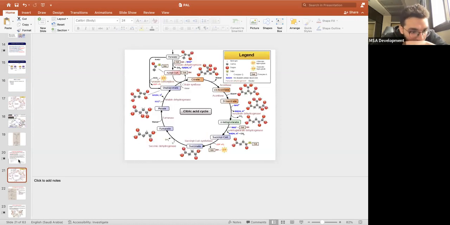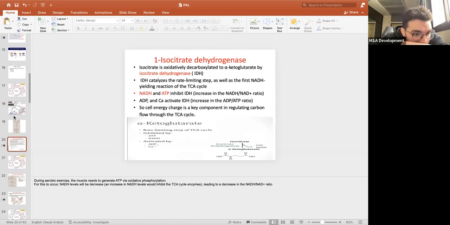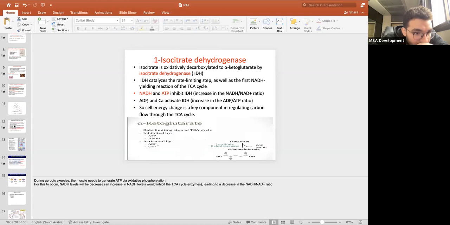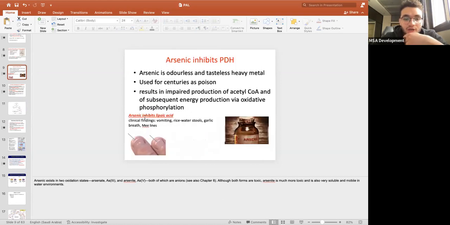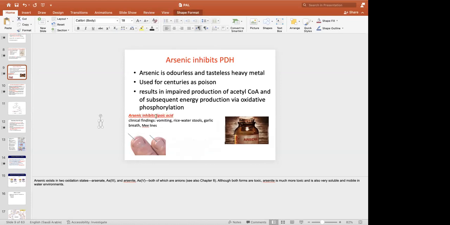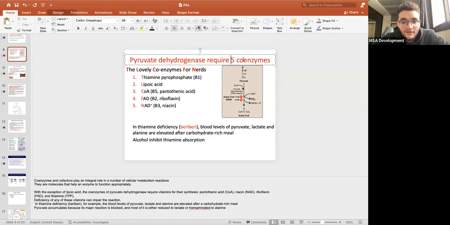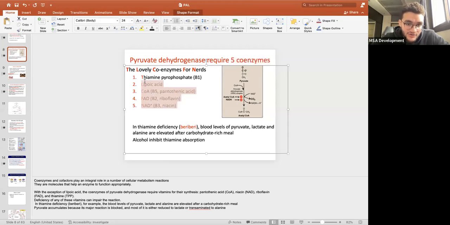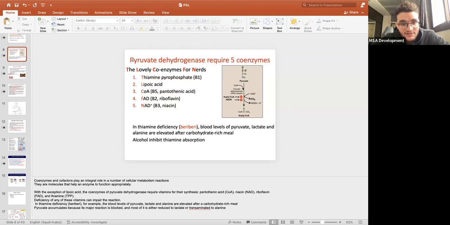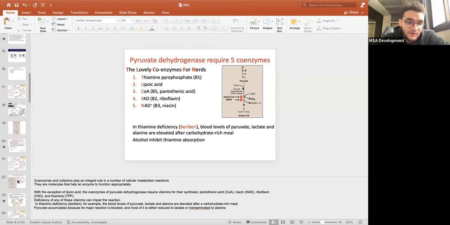Actually, the Mees lines are on slide 9. We said arsenic inhibits lipoic acid, right? Yes. Lipoic acid is one of the 5 major coenzymes, and those are used for pyruvate dehydrogenase and what is the other one?